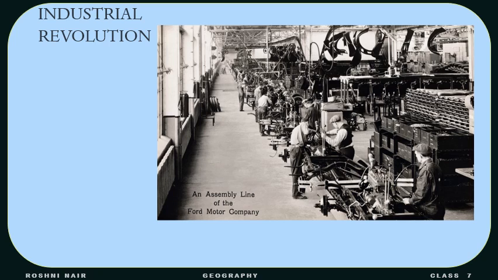Later it spread to rest of the world. The Industrial Revolution marked a period of development in the later half of 18th century, as I mentioned, and this Industrial Revolution had transformed largely rural agrarian societies in Europe and America into industrialized urban ones. There was a lot of change in the way people lived in that time because of the Industrial Revolution.